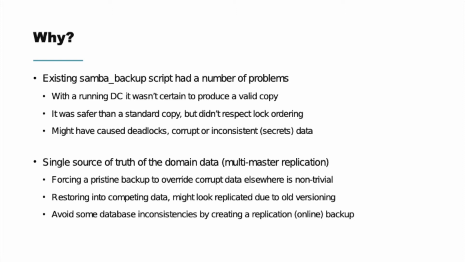So what we wanted to do was create a single source of truth from the domain data, using replication and things like that to have a sort of pristine backup that we can just seed a new domain with so that it wouldn't have any conflicts with existing data, and we can avoid versioning problems and force users to have a consistent replica after they've reinstated their domain.